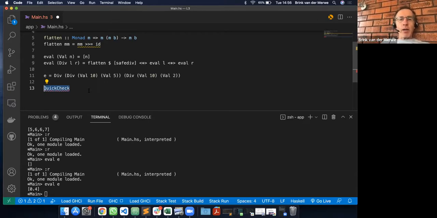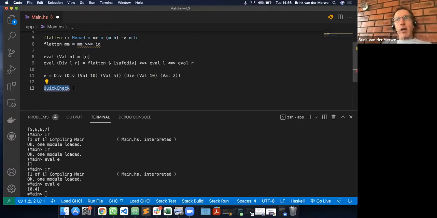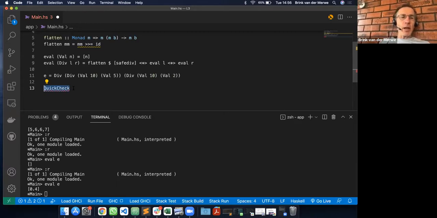And then you can say, given this property, generate 1,000 inputs for me that satisfy certain criteria to verify this property that I claim should hold. I think it was John Hughes that came up with it when he worked for Boeing, looking for bugs in various of their software. He came up with it in the Haskell setting, and nowadays you have QuickCheck in all languages.